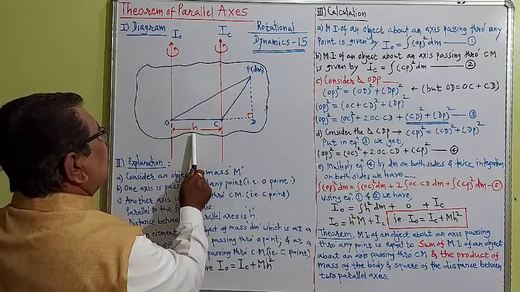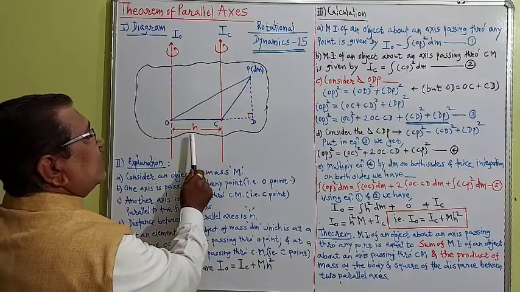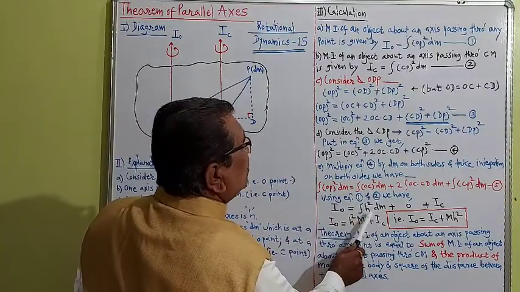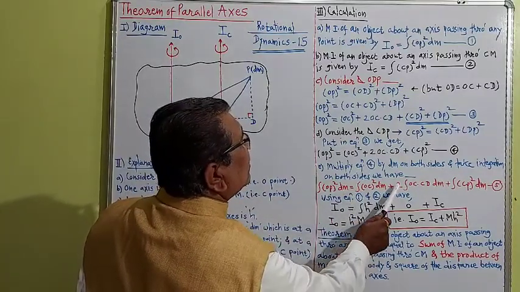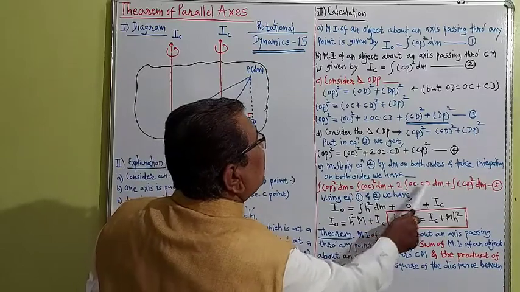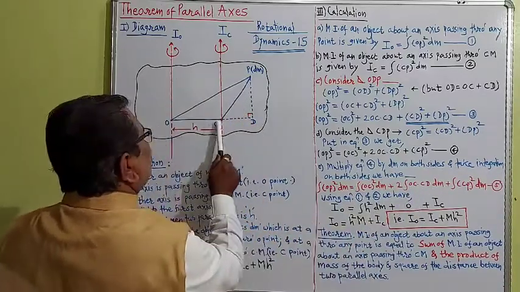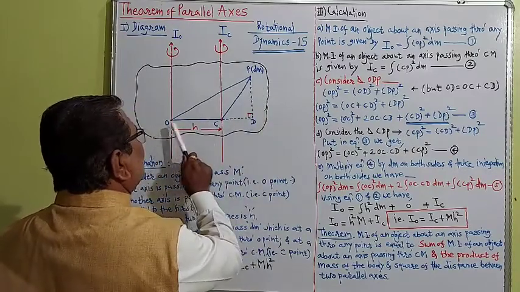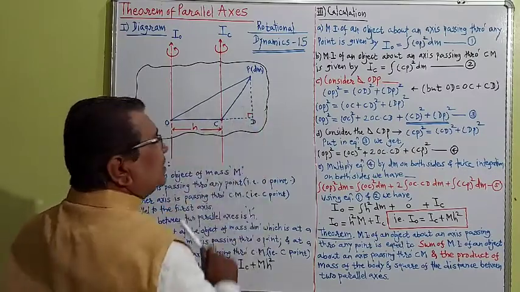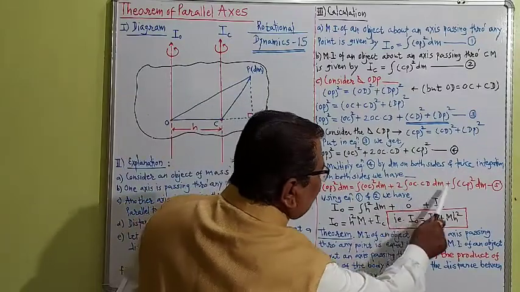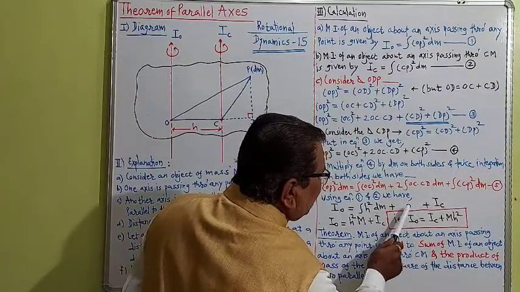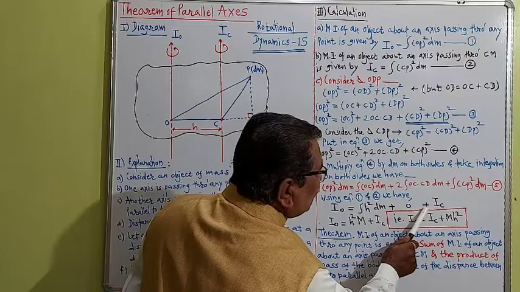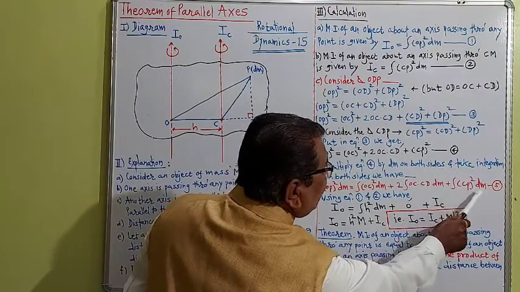OC is equal to H. So OC square is equal to H square dm, plus 2 times this integration, which is meaningless actually, because OC, CD and dm are independent of each other. So this integration is 0, plus integration of CP square into dm.